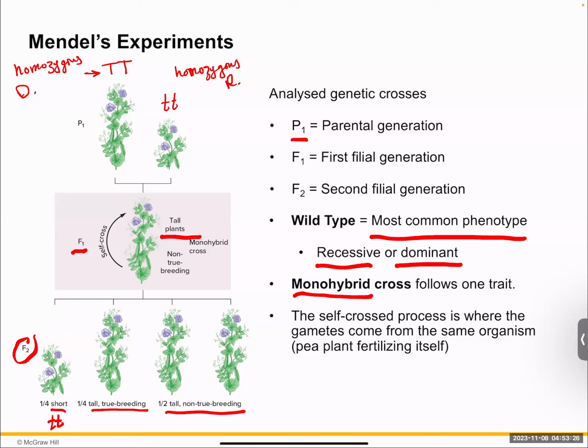When I say 1/4 is tall true breeding, it means, again, it will have the same trait as the parents, so capital T, capital T. And then half of this, or 1/2 of it, is non-true breeding, which means they're going to be heterozygous, where they have the dominant trait, but they also have a second copy of the recessive gene present in their genotype.